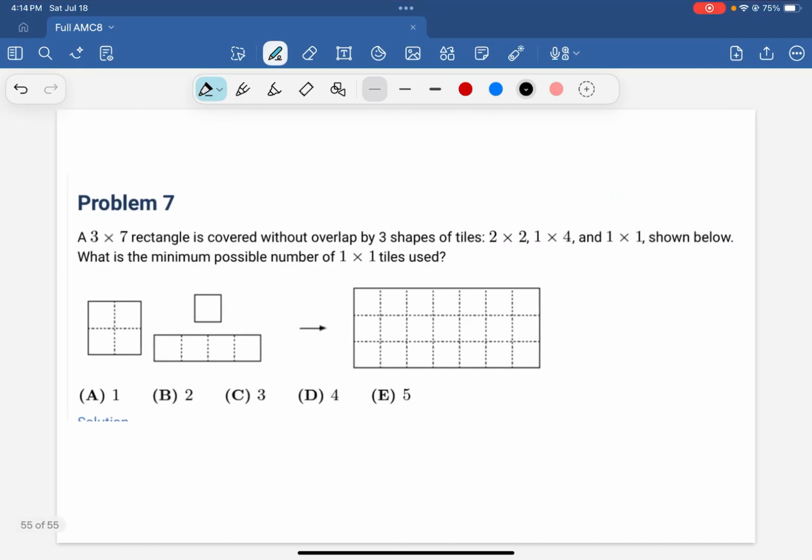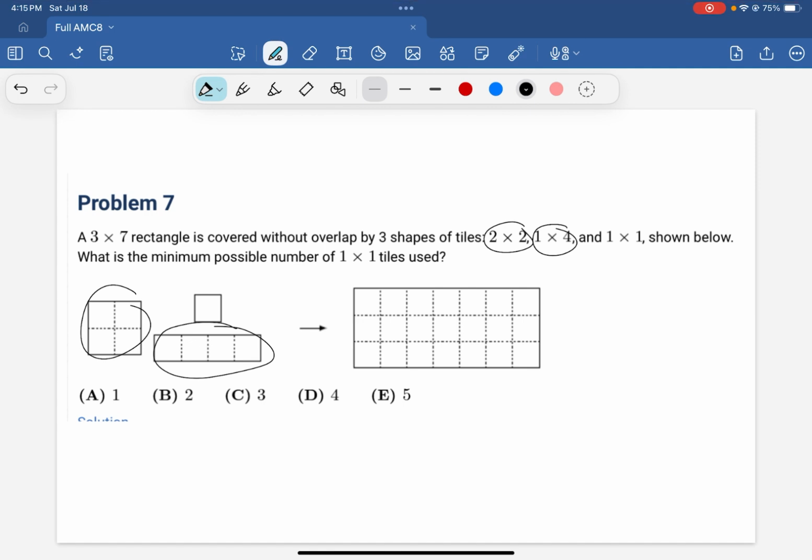Problem 7. A 3x7 rectangle is covered without overlap by 3 shapes of tiles, 2x2, 1x4, and 1x1 shown below. What is the minimum possible number of 1x1 tiles used? So immediately something to notice is that these two tiles both have four squares.